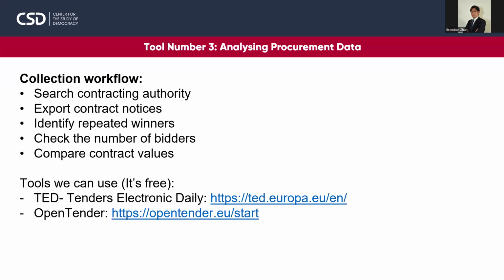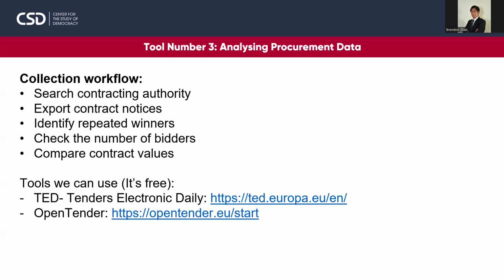Public procurement data is one of the most valuable sources for government research. A typical workflow should look like this. First, you search for the contracting authority. Second, you export contract notices, and then you identify repeated winners. Then you can look into the number of bidders, and compare contract values.